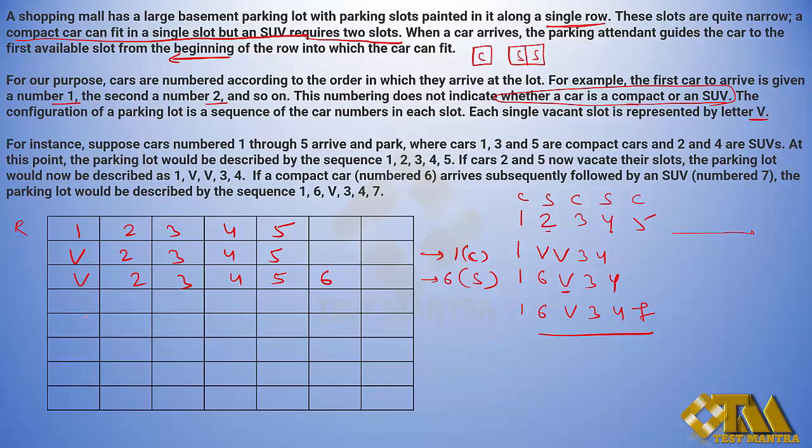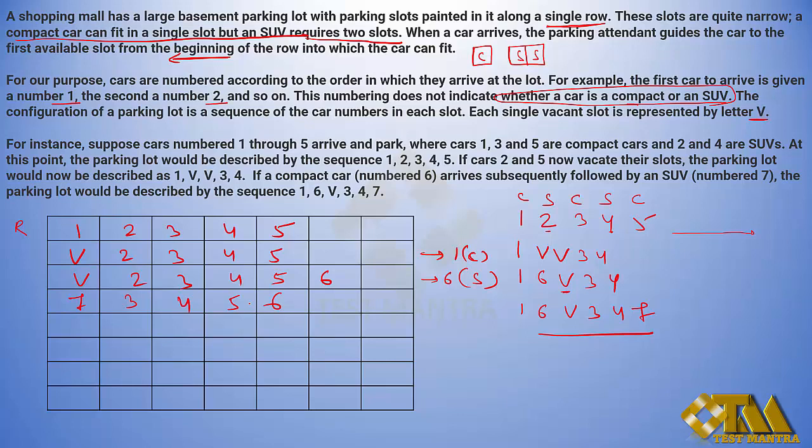Then suppose the next one given is nothing but 7, 3, 4, 5, 6. Now what does this represent? Here I'm not only inserting 7, because if I insert 7, 2 is still missing here.